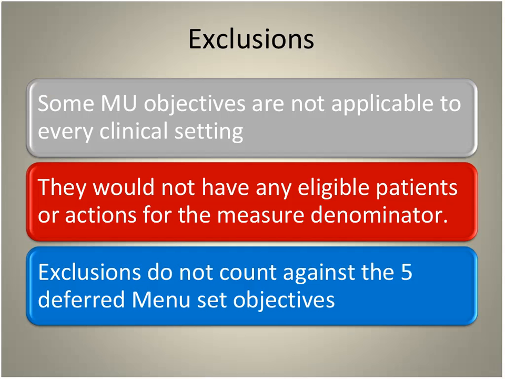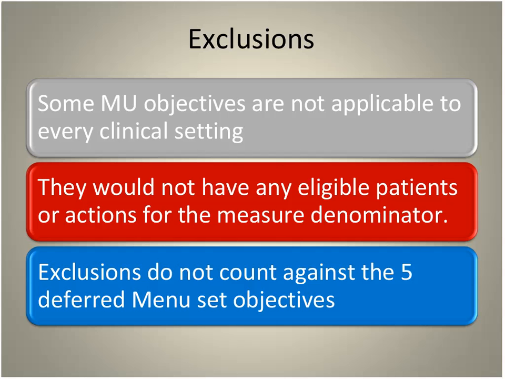So CMS has recognized this and identified on a small subset of the objectives exclusions that the hospital can attest that they do not have that particular patient population and therefore are excluded from having to meet it, and they can still qualify for funding. So when I just said that you have to meet all the requirements, or objectives, you have to meet all of them unless you are able to exclude based upon the exclusion that CMS has predefined.